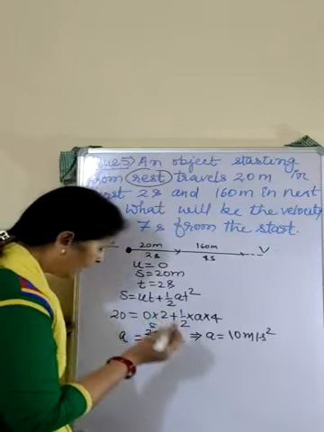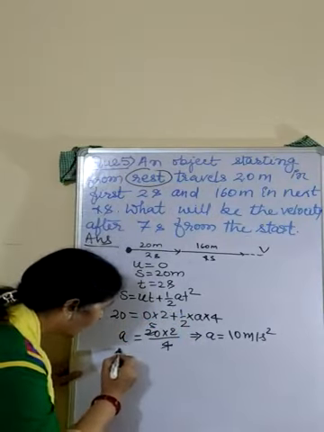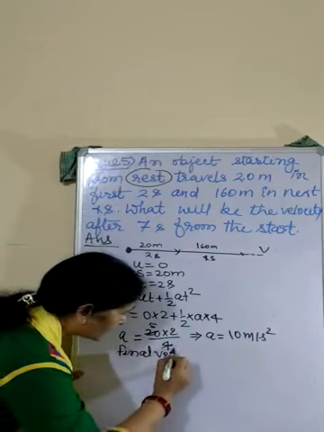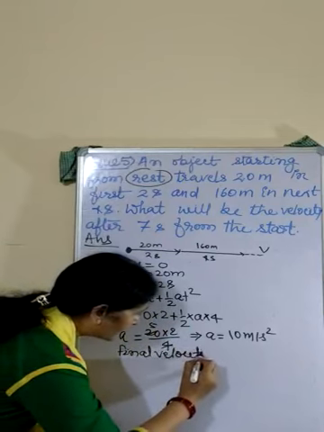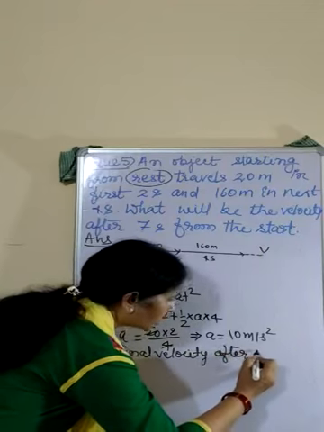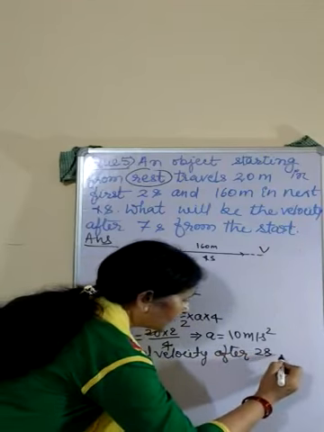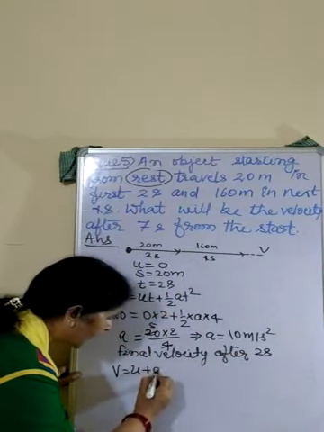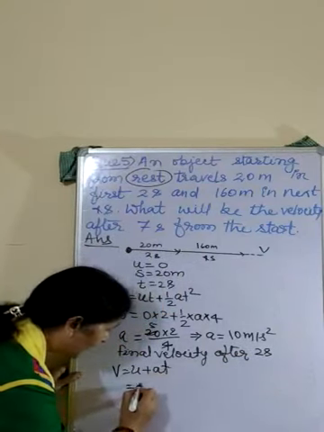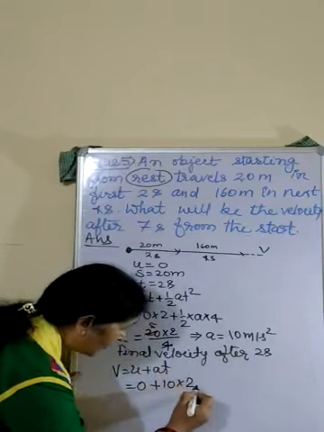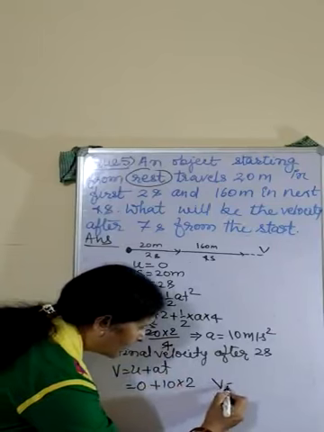The final velocity after 2 seconds is v is equal to u plus at. u is 0, a is 10, and time taken is 2. So the final velocity will be 20 meter per second.